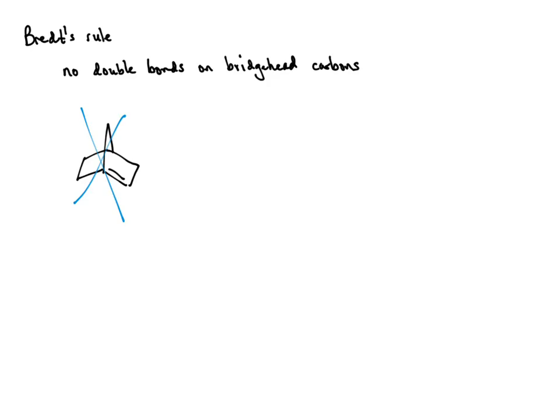But what would have to happen in order for this to occur? Well, we'd have to have two sp2 hybridized carbon atoms on your bridgehead and the adjacent carbon. And so let's say we dealt with that carbon atom right there. That carbon atom would have to be sp2 hybridized, which would mean it would have 3 sp2 hybridized orbitals plus an atomic p.